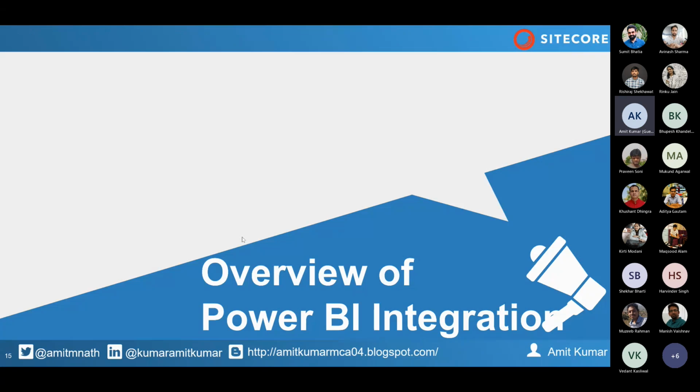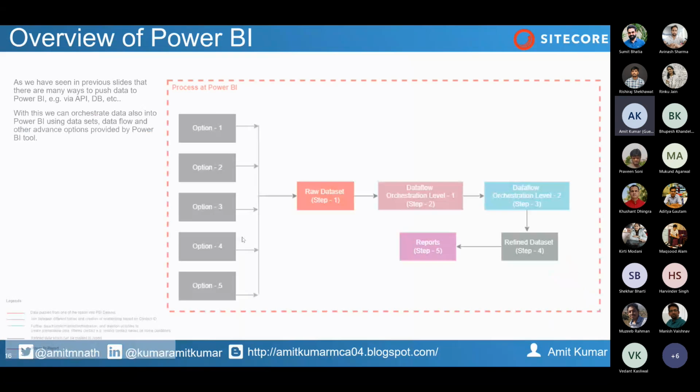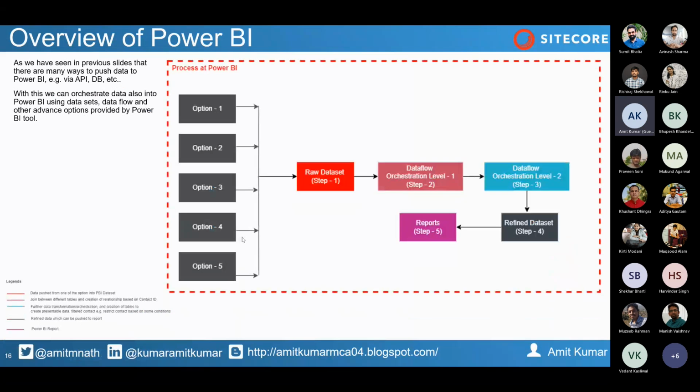Now I will explain one use case of these options where we utilized Power BI as a reporting system, directly using the database to make a connection with Power BI, and we created a report out of that. It will depend upon your requirement how many steps you need.